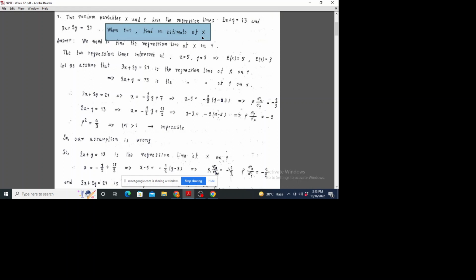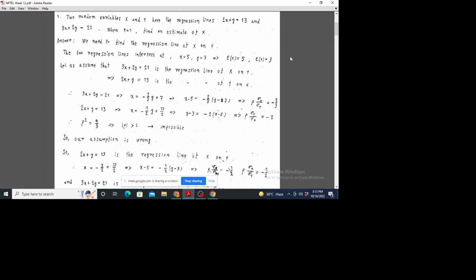In that line the values of y will be known, and we will find an estimate of x from it. So we first have to identify which is the regression line of x on y.